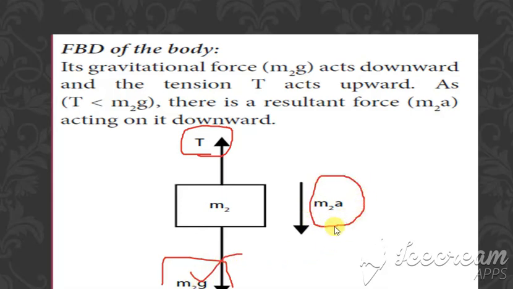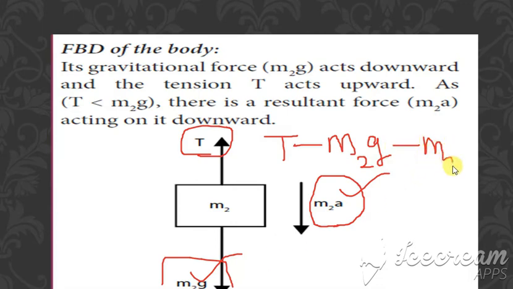In the same way there is also a force because of this tension, denoted by M2 into a. So we can write T which is acting upwards, then M2G which is acting downwards, minus M2a. If you add all this, that is equal to 0.